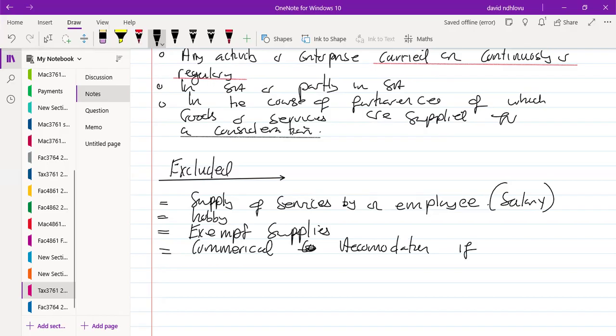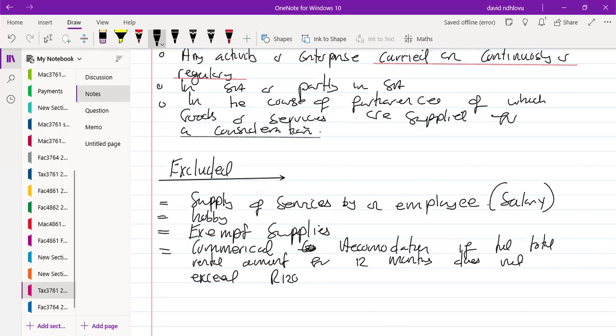But only if the total rental amount for 12 consecutive months does not exceed 120,000.